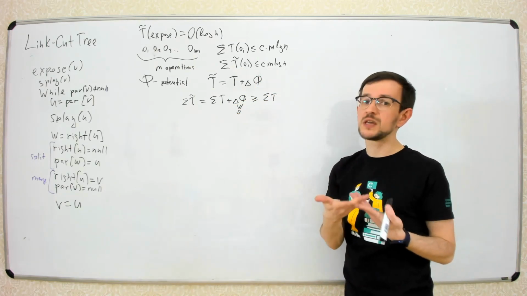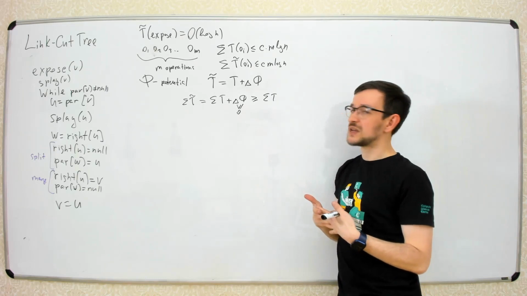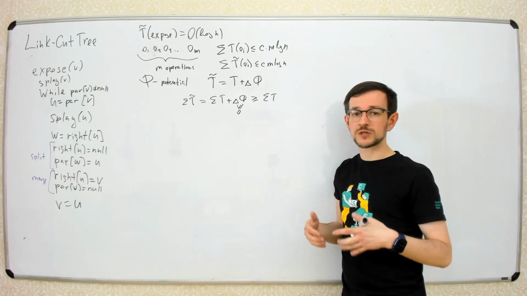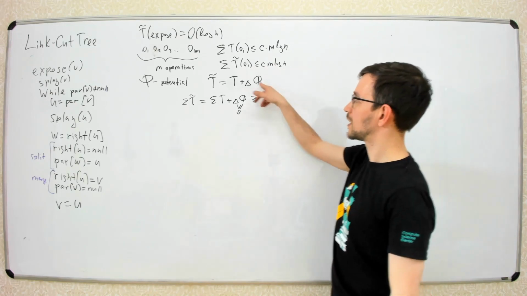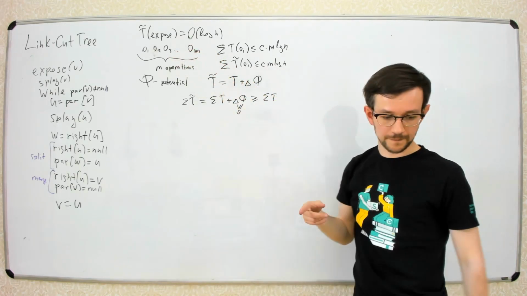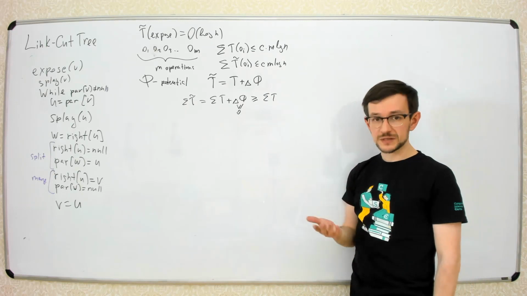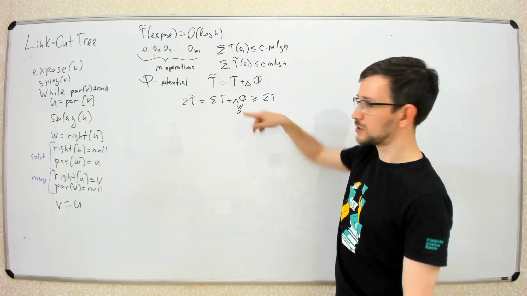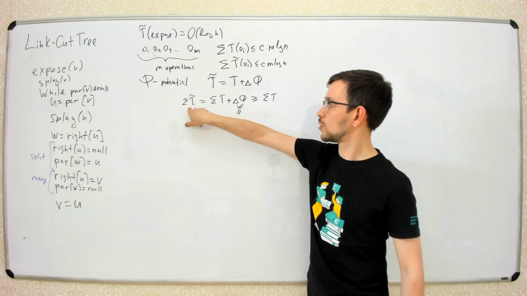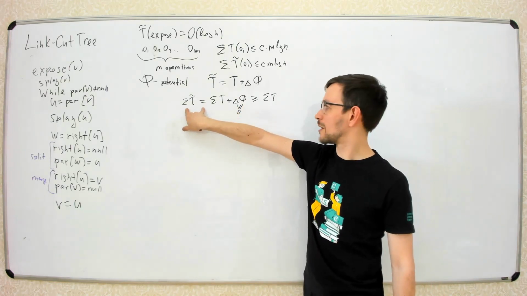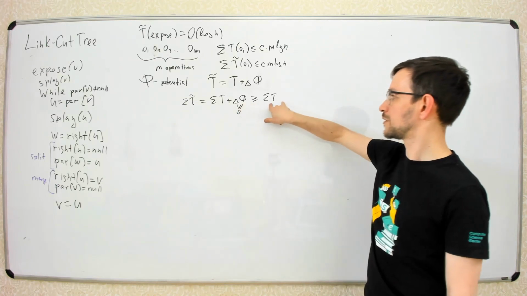That's the key idea of all this amortized analysis. You need to introduce some good potential function, and using this good potential function, you prove that the amortized time complexity is log n. And if you prove this, since this potential is non-negative, then this total amortized cost is greater or equal than your total cost.